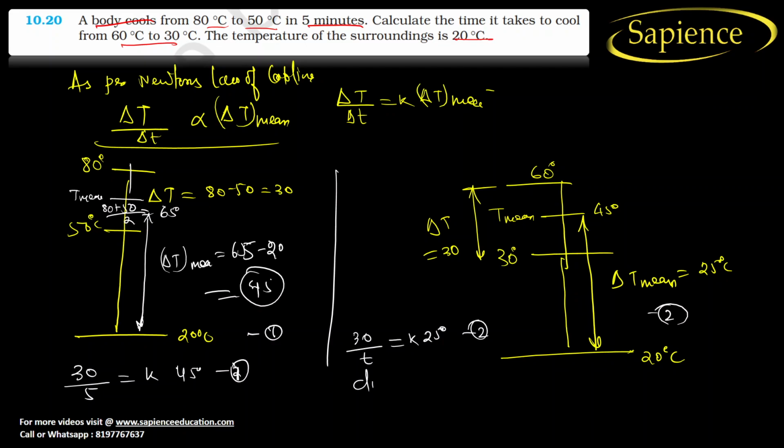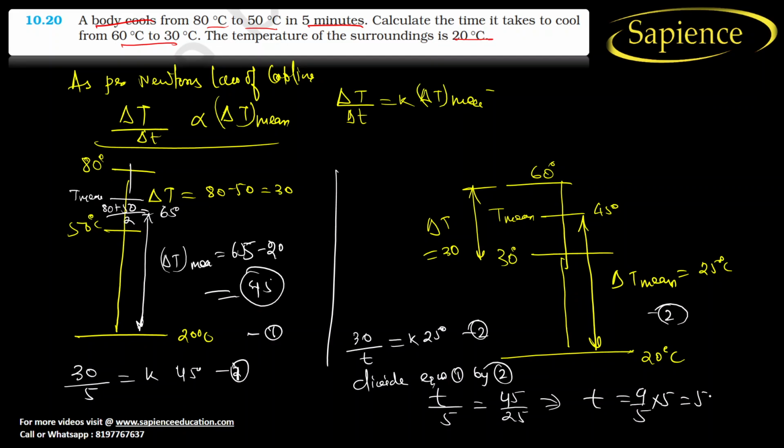When we divide equation 1 by 2, we will have t by 5 minutes is equal to 45 by 25. So from here the time required for cooling is equal to 9 by 5 into 5.